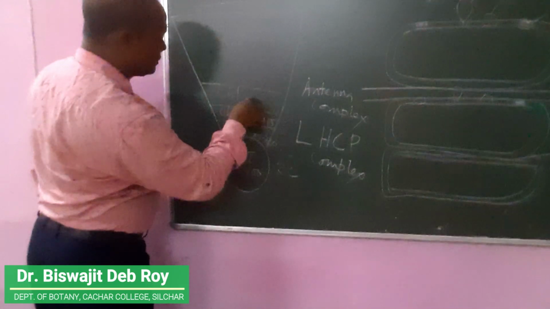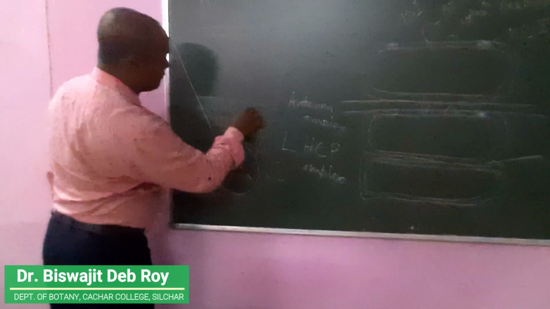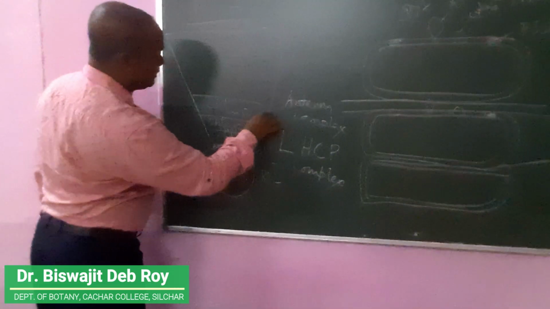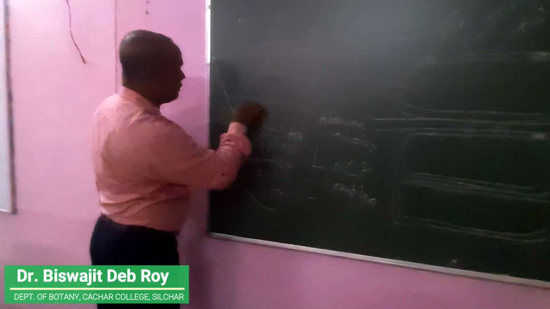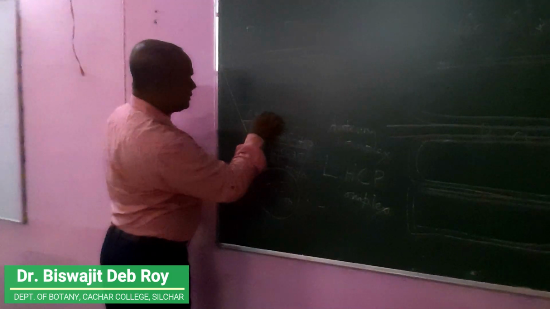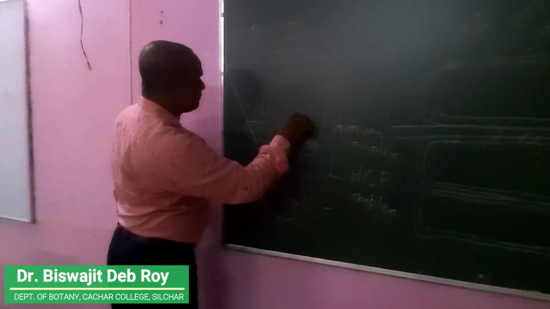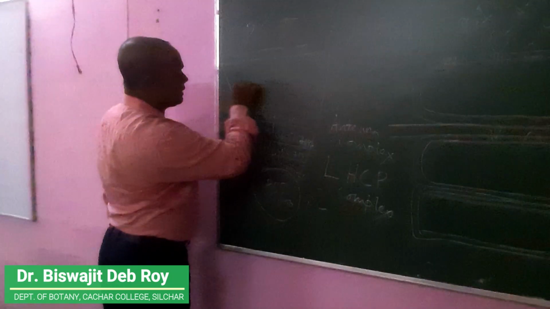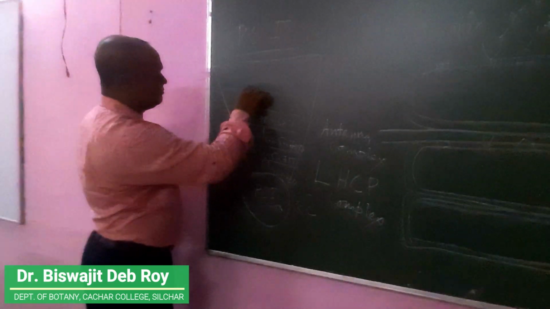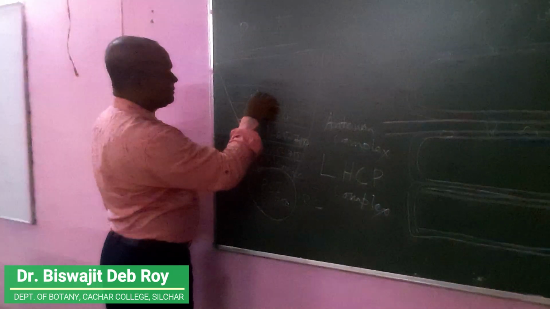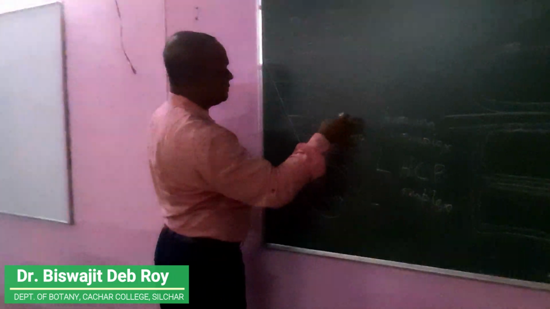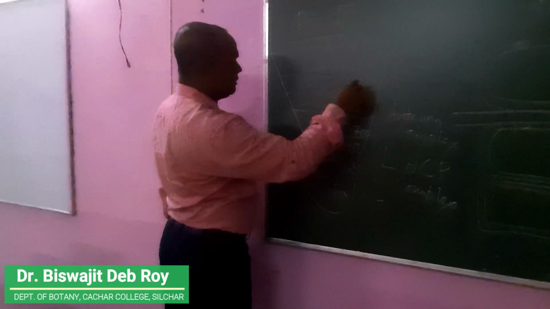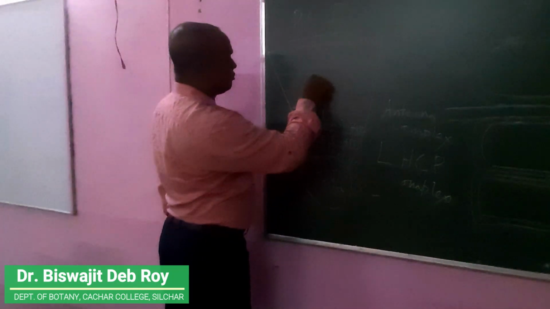Chlorophyll 685 to 700. Then chlorophyll 672, 678, 687, like this. Chlorophyll 670, okay, 670, or chlorophyll B.